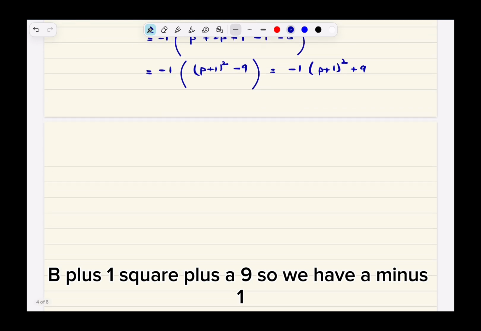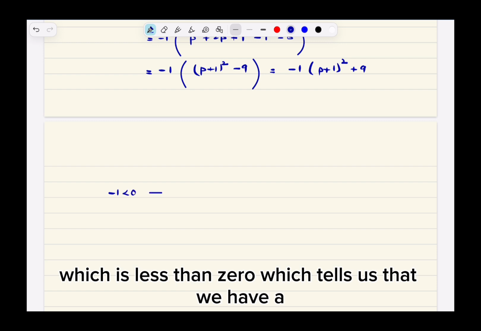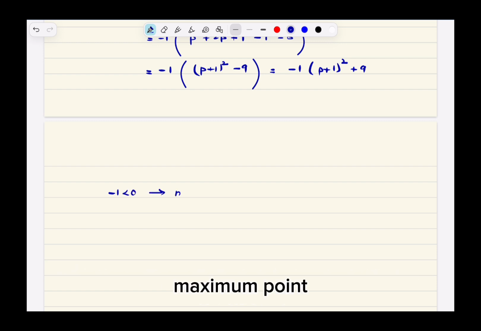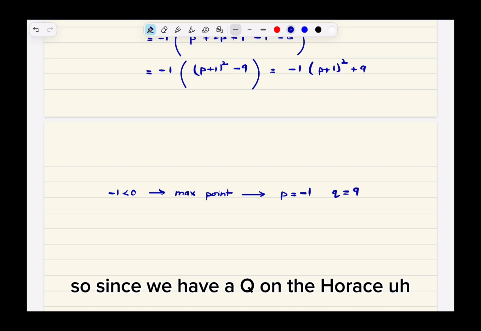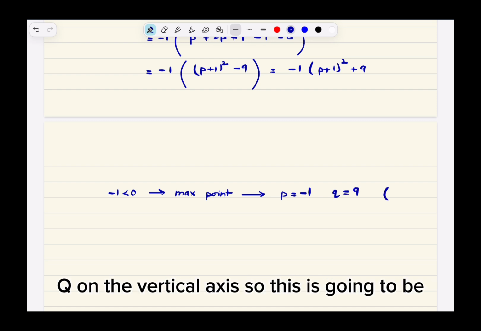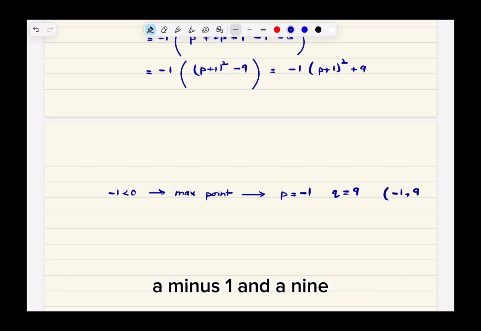So we have a minus 1, which is less than 0, which tells us that we have a maximum point, and the point itself is p equal to minus 1 and q equal to 9. Since q is on the vertical axis, this is going to be minus 1 and 9.